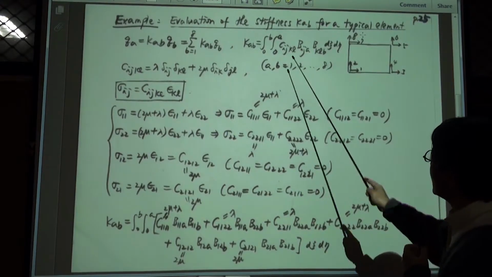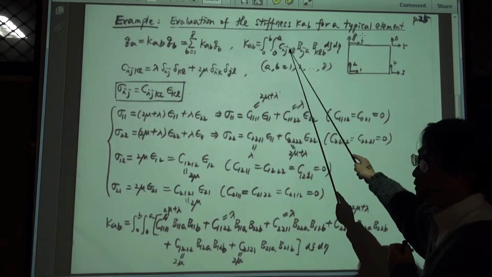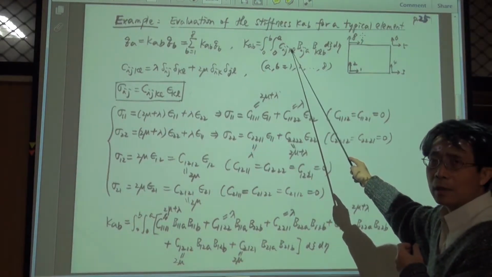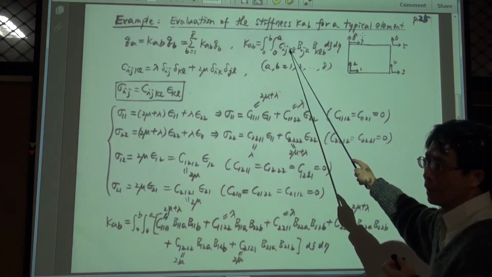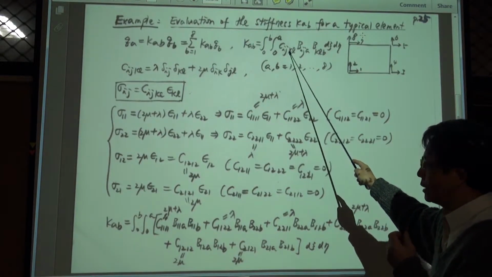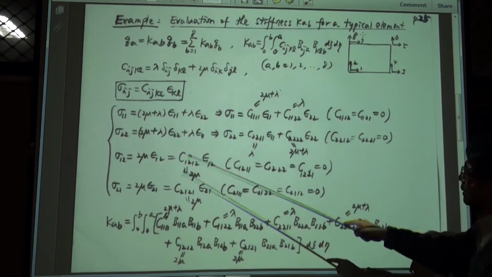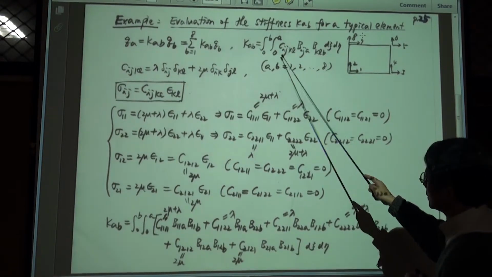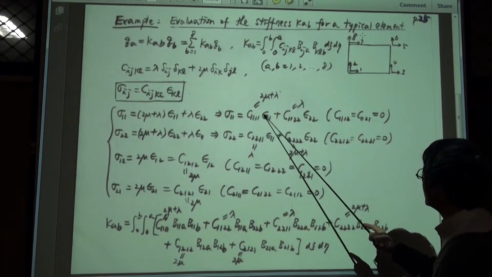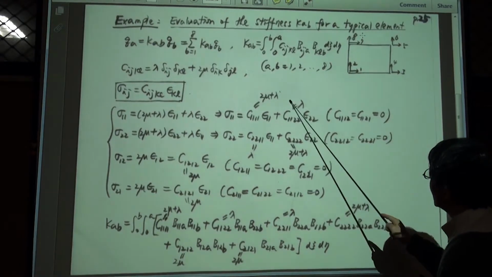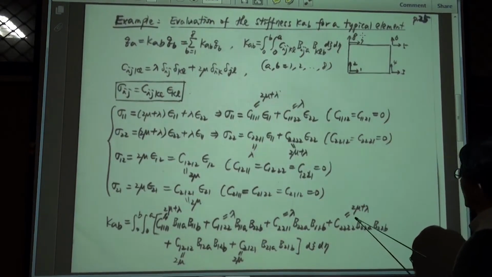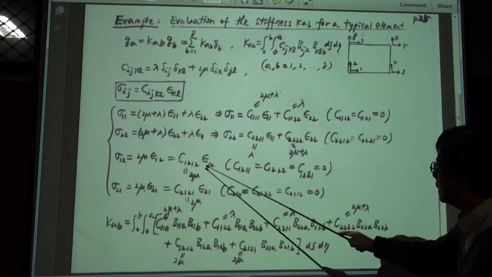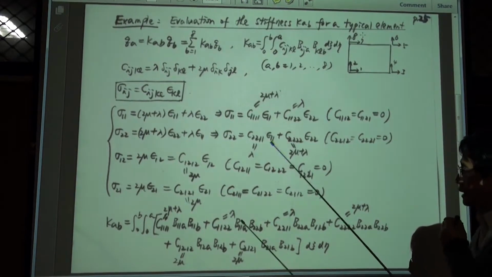So we don't have 16 terms, we have only 6 non-zero terms, because 10 of these 16 terms are 0. So we write it like this: this one put here, this one put here, and so on. So we have only 6 terms.